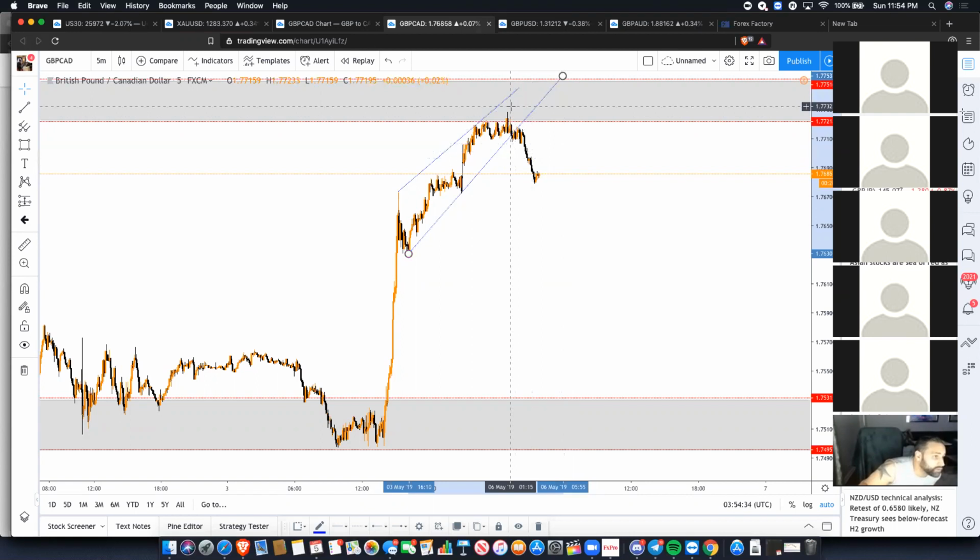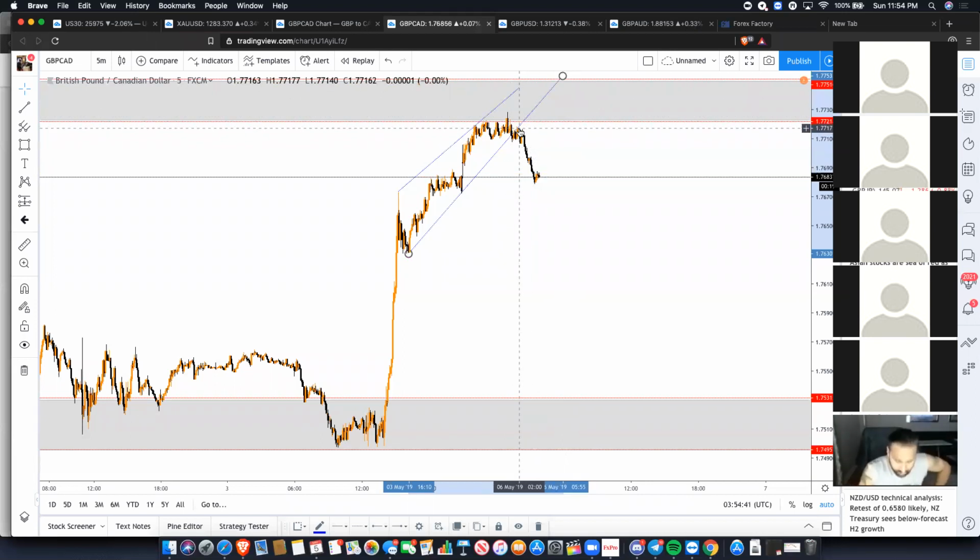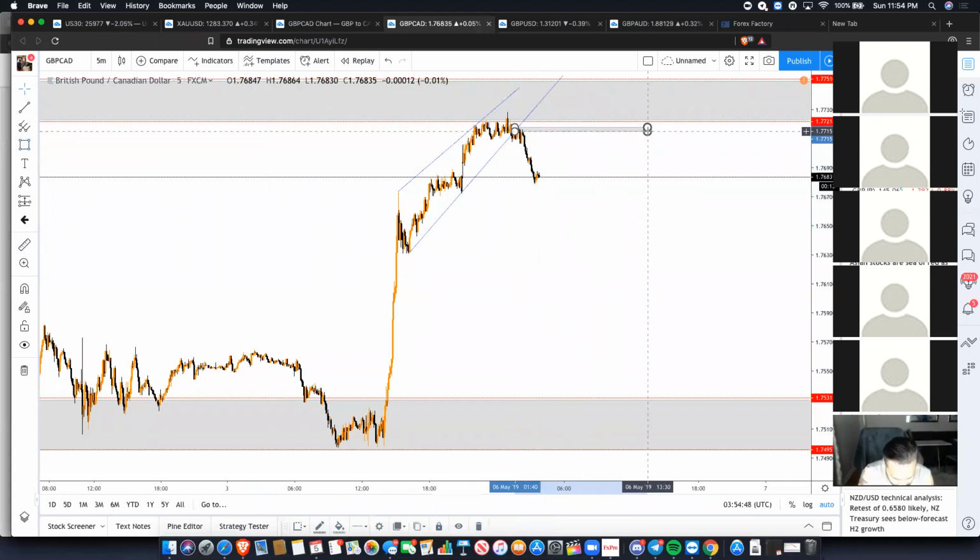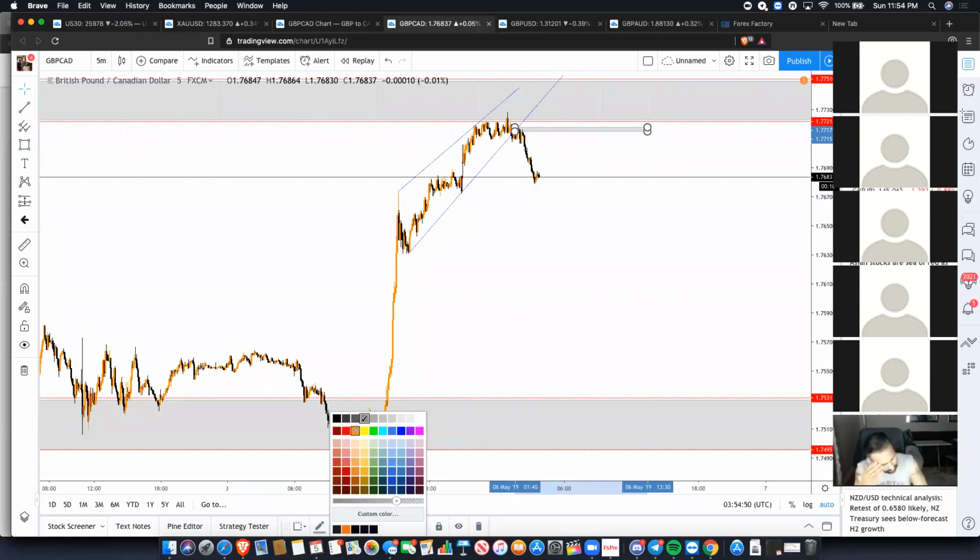But I want the 4-hour to close the way it is right now. That beautiful one entry you caught was a nice entry right here. Yeah, I was at the top. 771.